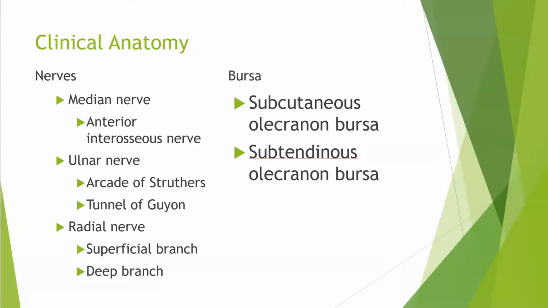Okay, that's the ulnar nerve, so it's on the medial aspect. The radial nerve is more superficial. It's part of the superficial branch. And it's on the lateral aspect. And then the median nerve is kind of right down the center.